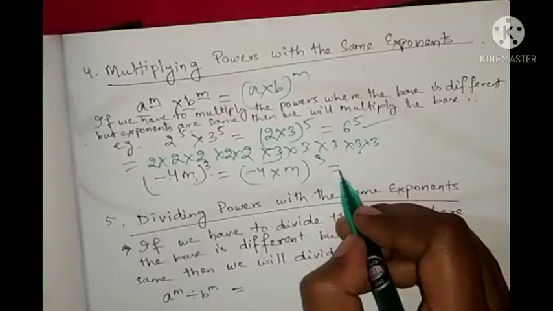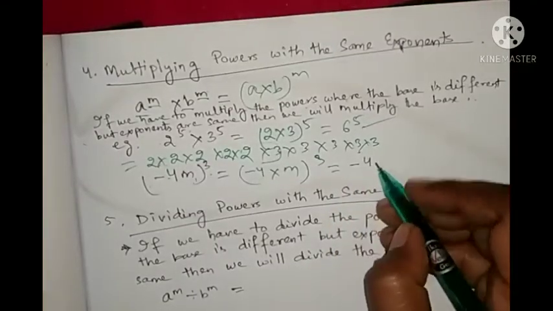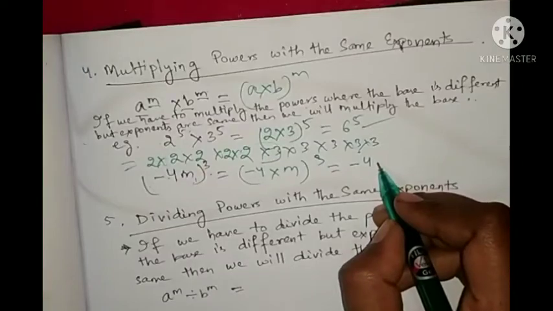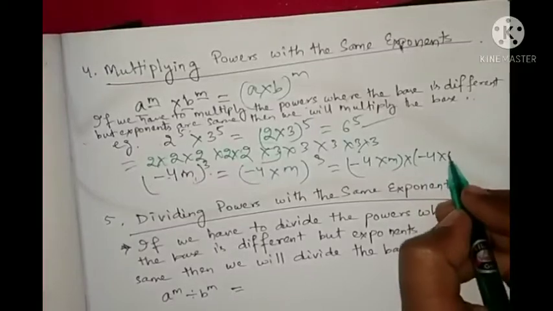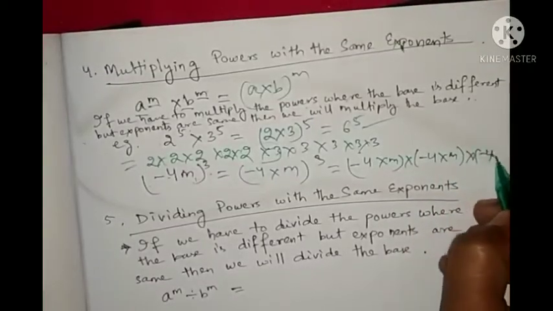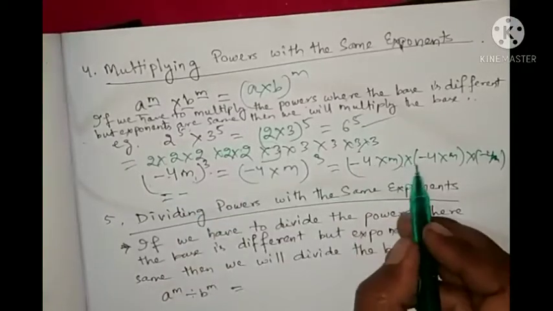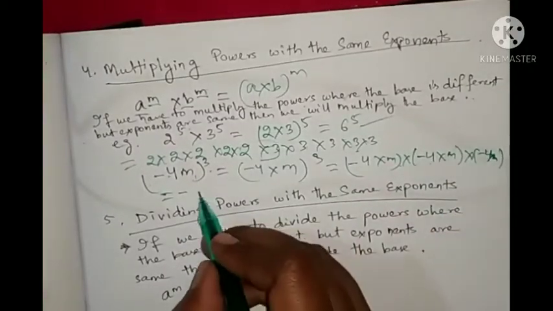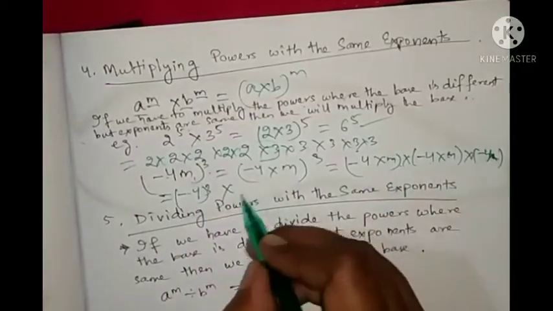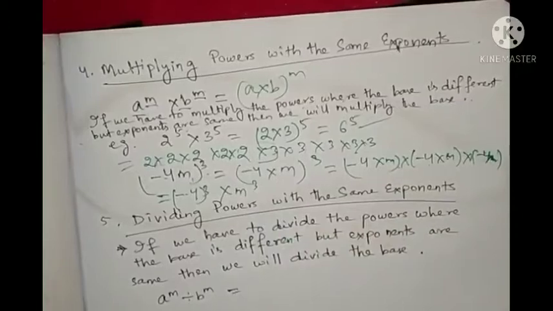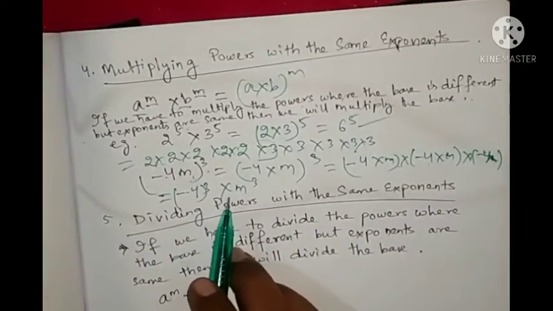This one you can write as minus 4 into m into minus 4 into m into minus 4 into m. Then you can write it as, here how many minus 4s are there? 3 minus 4s are multiplied. So minus 4 whole to the power 3 into how many m are there? 3. So m to the power 3.